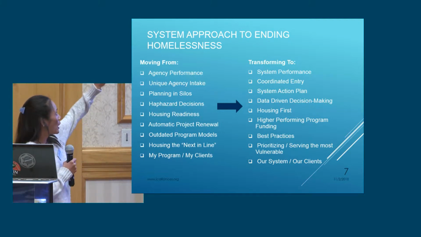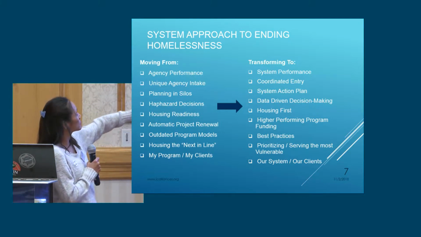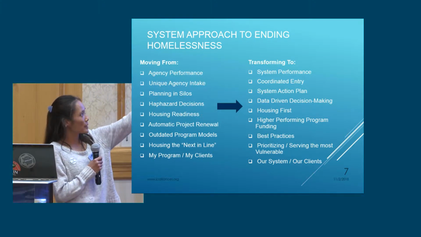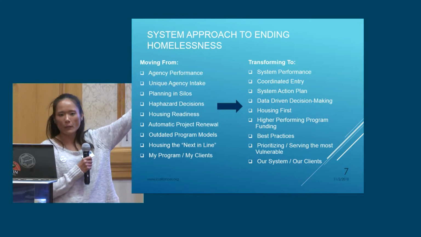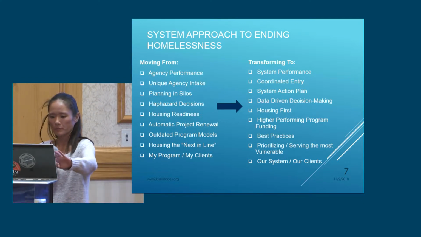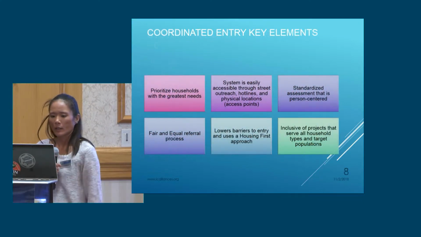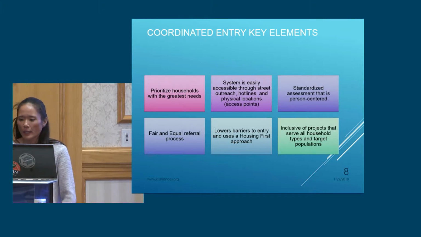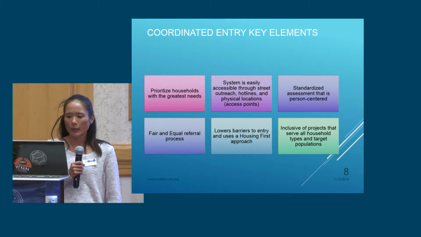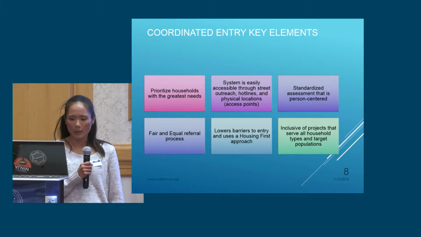So it's moving from all of these things on the left-hand side to the system functioning in the way that the right-hand side is showing. So ideally, the coordinated entry key elements include that households with the greatest needs and vulnerabilities are prioritized for the limited resources available.